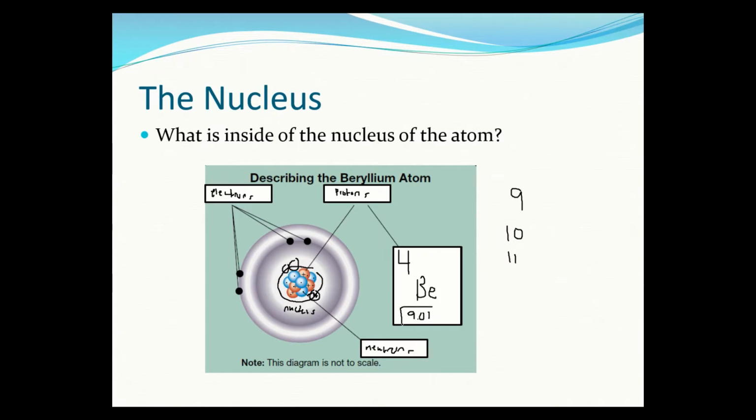So this mass of 9.01 is an average. If I have a bunch of balls here, a bunch of nuclei, and most of them have a mass of 9, and then one of them has a mass of 10, what this number is, is an average.